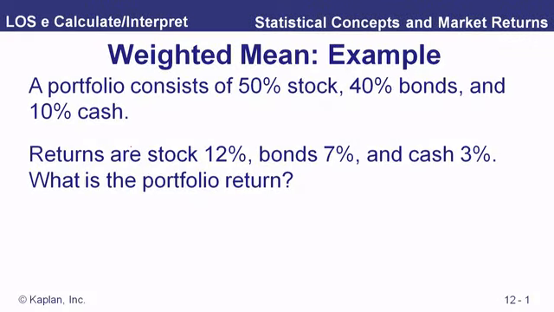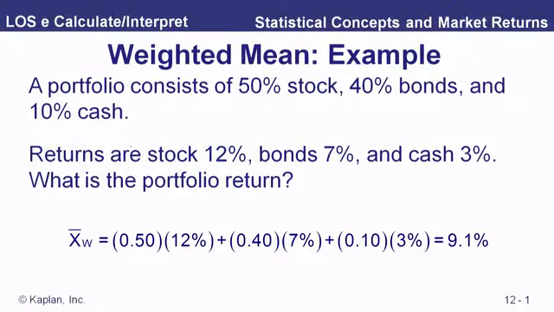So say we've got a portfolio, 50% in a stock index, 40% in a bond index, and 10% in cash. And our returns are 12% on stocks for the year, 7% on that bond index, and 3% on cash. How generous. What's the portfolio return?